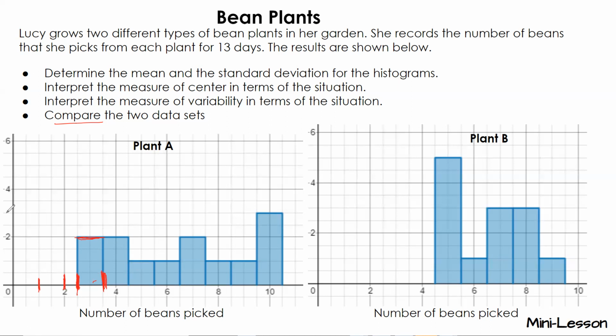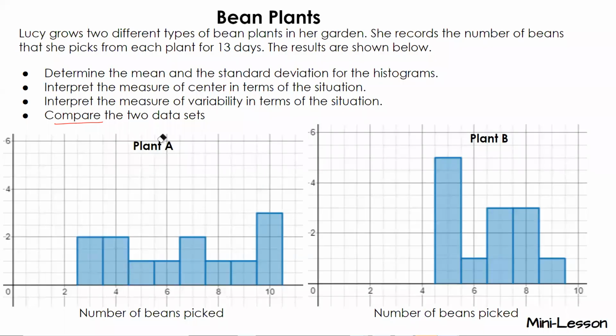What's on the y-axis then? Okay. So for 2 days, she picked 3 beans, right? What about this one? So she picked 4 on what? Day 2? You see what I'm saying?